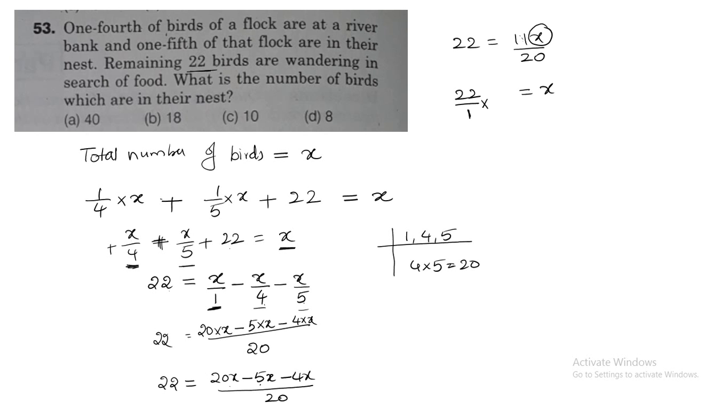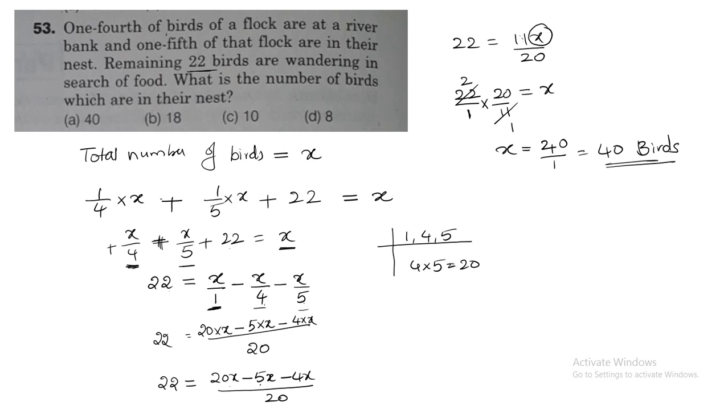When you transpose 11 by 20, it gets inverted, that means 11 by 20 becomes 20 by 11. Now in the 11 table this goes 2 times. From this, what is the value of x? x is 2 into 20, which is 40 by 1, which is nothing but 40. So total birds are 40. So there are totally 40 birds.